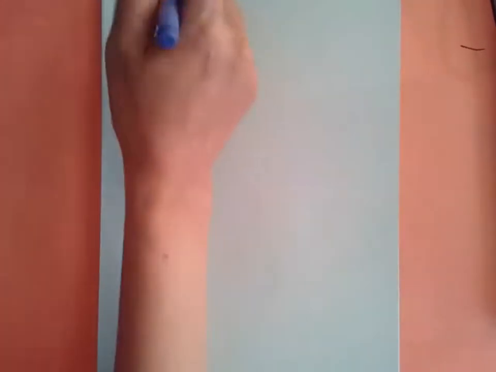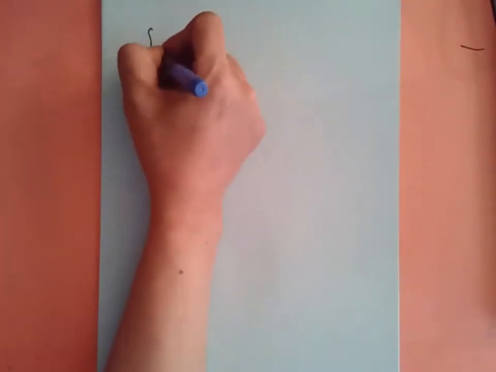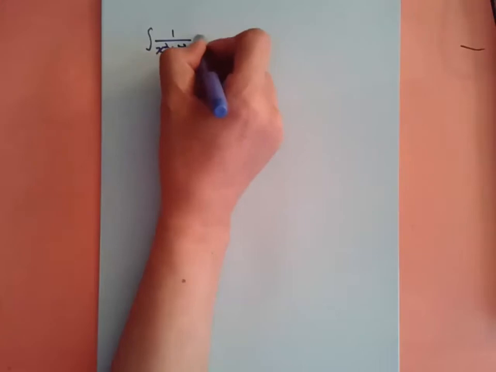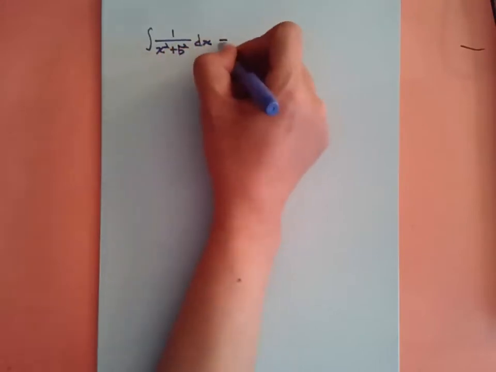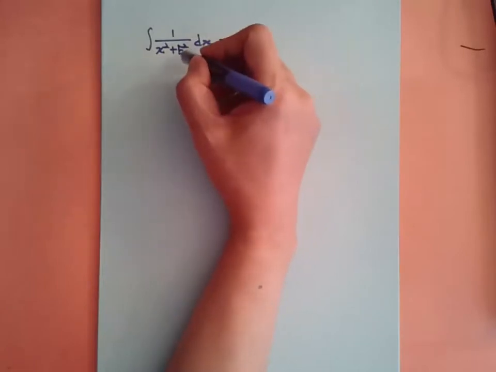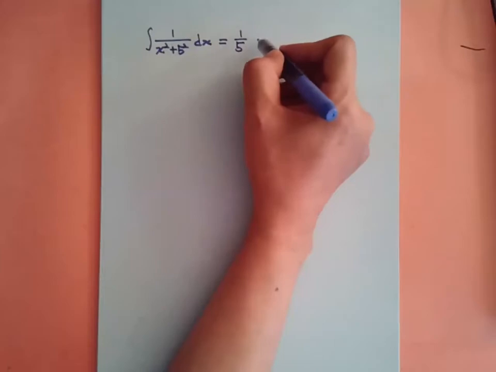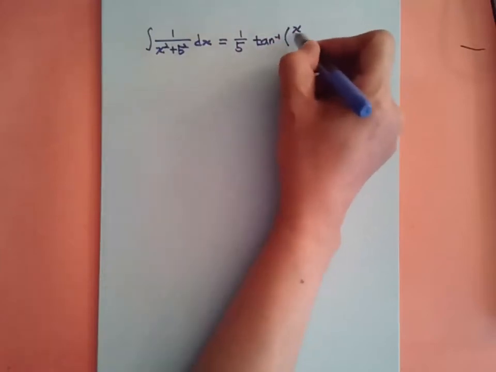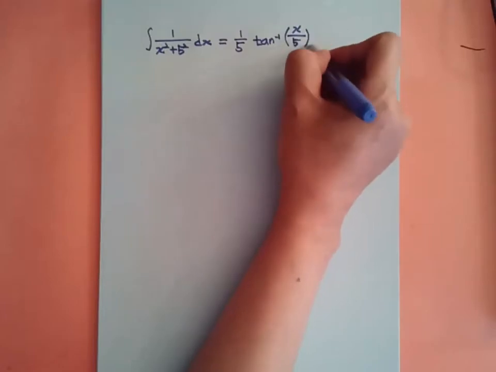So the next thing we have to do is integration of 1 over x squared plus 5 squared dx. We just use the formula, that is 1 over a, so 1 over 5, tangent inverse of x over 5 plus c.